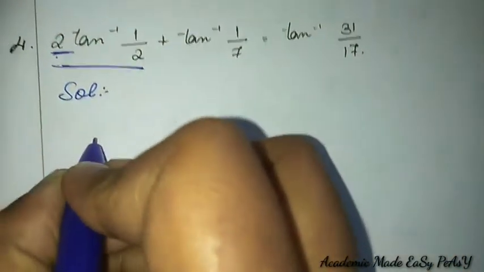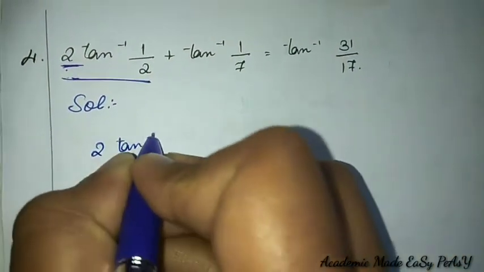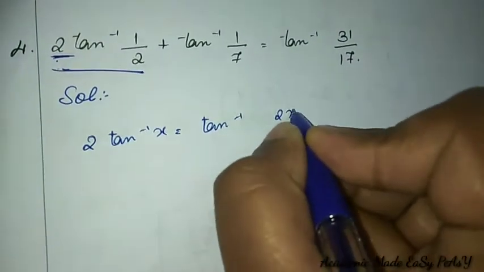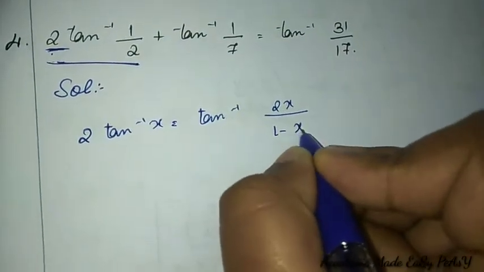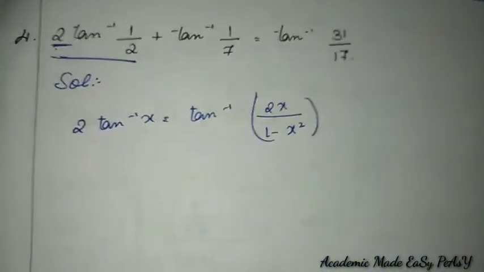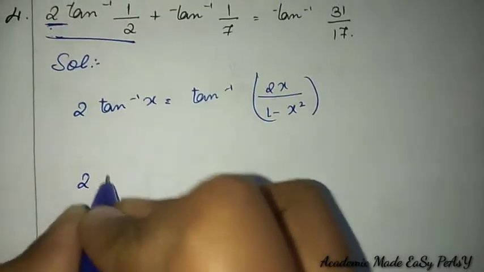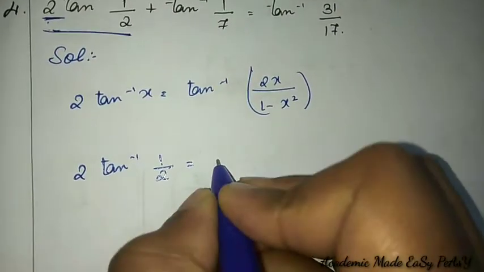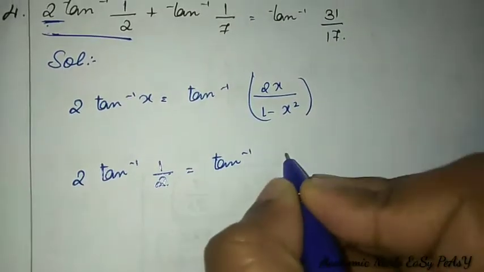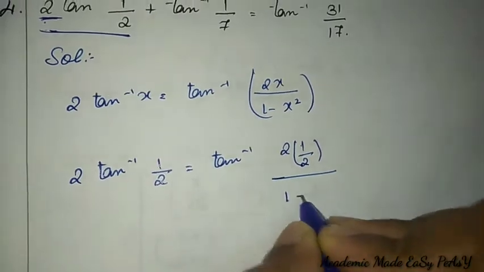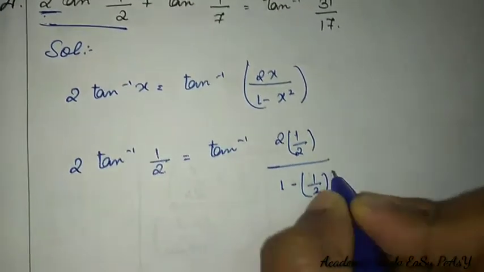So already we have learnt 2 tan inverse x is equal to tan inverse 2x divided by 1 minus x square. So we will be applying this formula, then we will convert it. So 2 tan inverse 1 by 2 is equal to tan inverse 2 into 1 by 2 divided by 1 minus 1 by 2 the whole square.